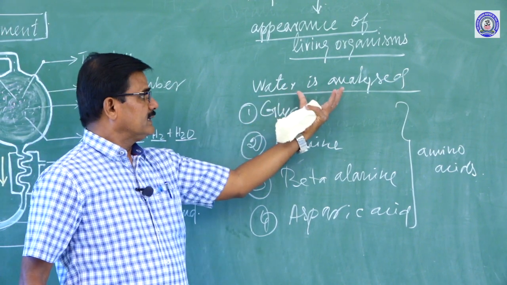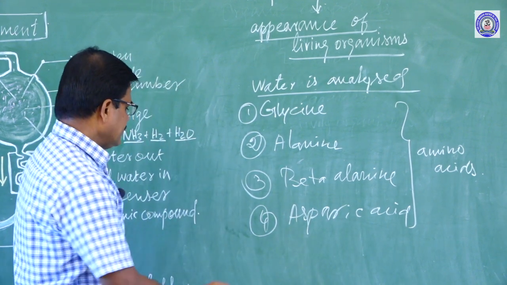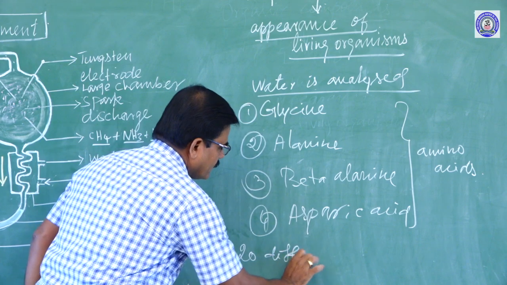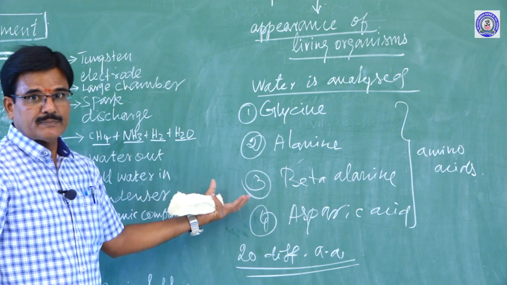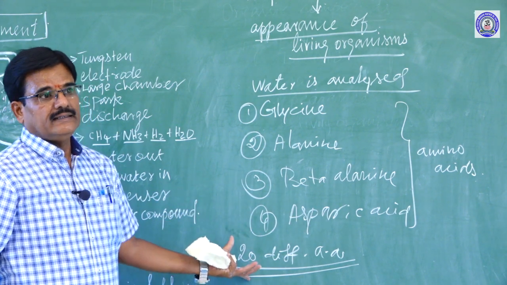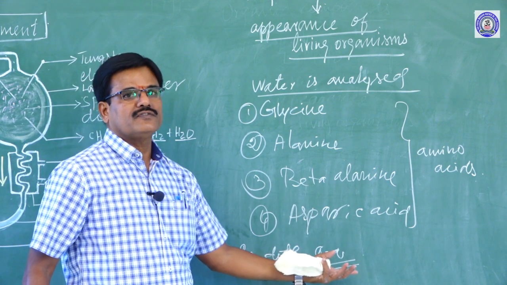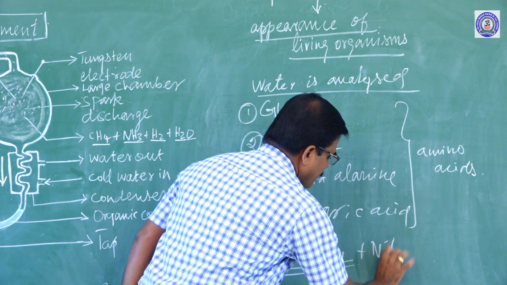Then further experiments were conducted by them. Then they found 20 different types of amino acids. Another experiment was also conducted. In that experiment, they found 20 different types of amino acids plus nitrogenous bases.